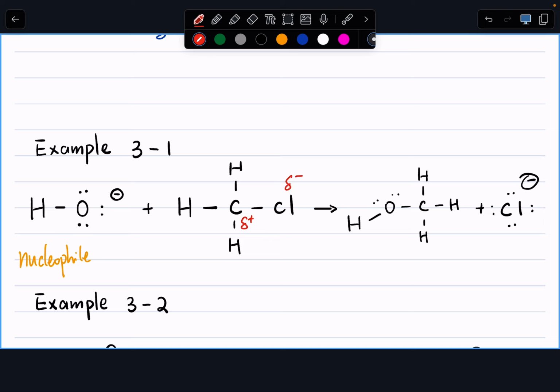My chlorine is Cl minus, and my carbon is electrophilic. How does the electron move? We are forming the new carbon-oxygen bond, and we are breaking the carbon-chloride bond.